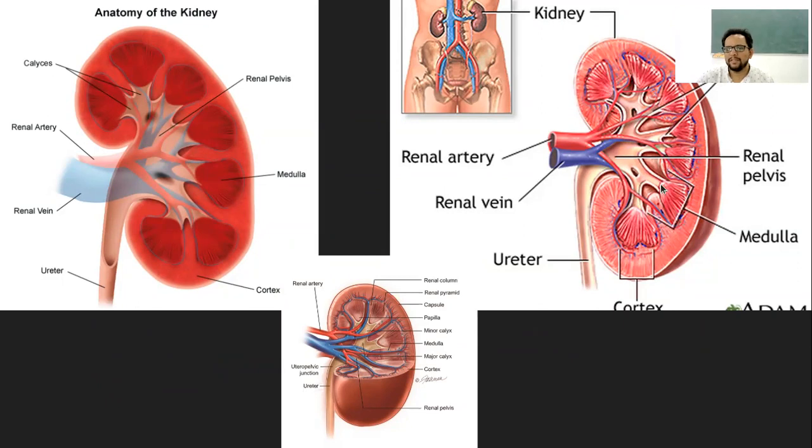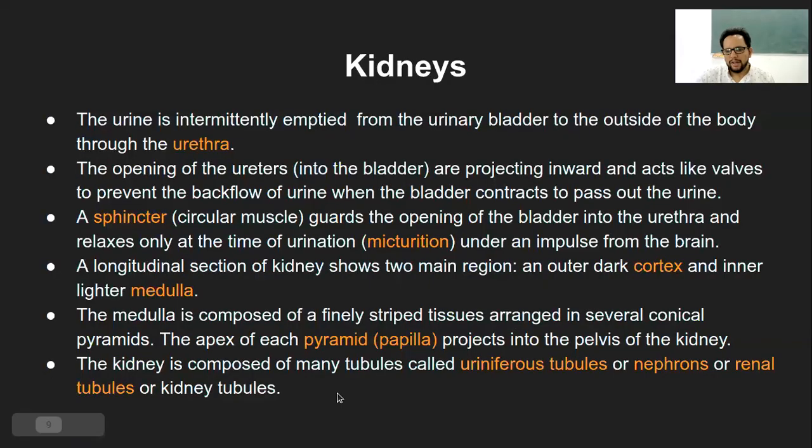And the apex, that is the tip of this tissue, is called the renal papilla. And finally, all of these renal papillae open into the pelvis, which is one of the cavities, finally extending outward as the ureter. So that was the pyramid.